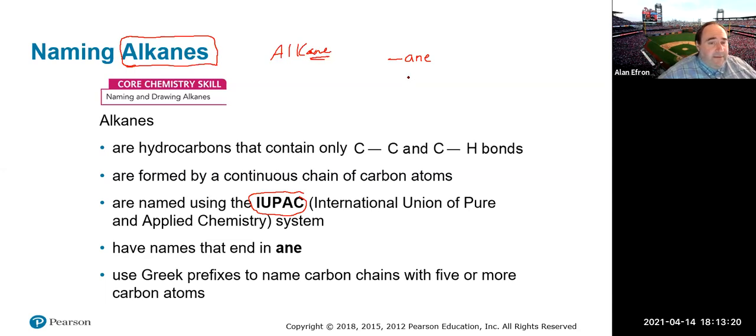So if you think about the names we were just talking about, methane, ethane, propane, butane, hexane, they all end with ane at the end. That's how you can know if you see ane at the end, you're dealing with an alkane, you're dealing with carbon-carbon single bonds, and they should probably have the formula of CnH2n+2.